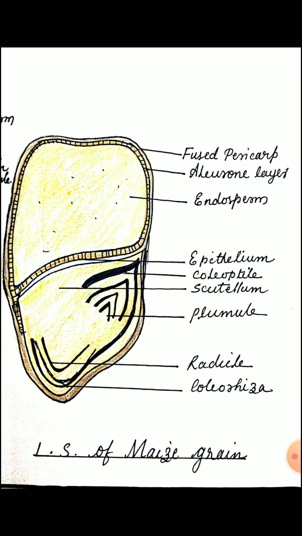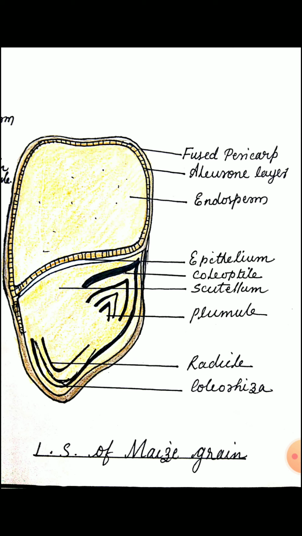The embryo consists of a single cotyledon, that is why it is monocotyledonous, and that part is called the scutellum. A radicle and a plumule are present. The radicle lies towards the pointed side of the grain and is covered with a membranous covering called the coleorhiza.